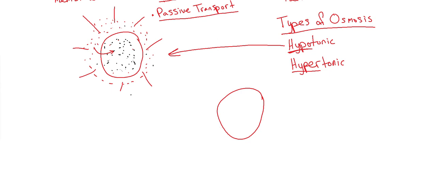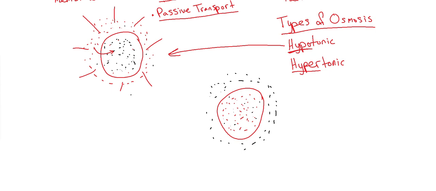Here, it's the complete opposite. There's more solute outside, and there would be more water inside. See, the red is the water and the black is the solute. And you can clearly see there's more solute outside the cell than inside.